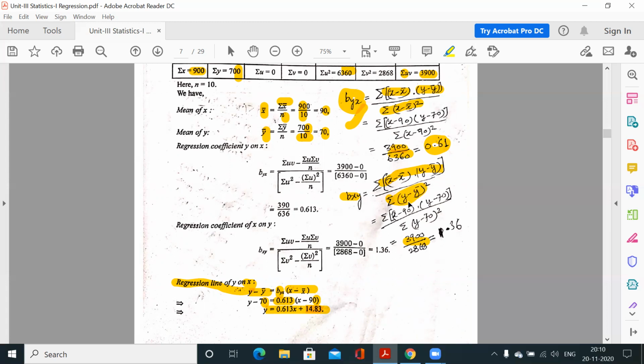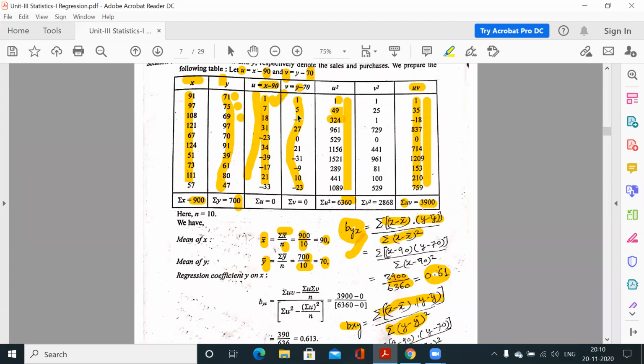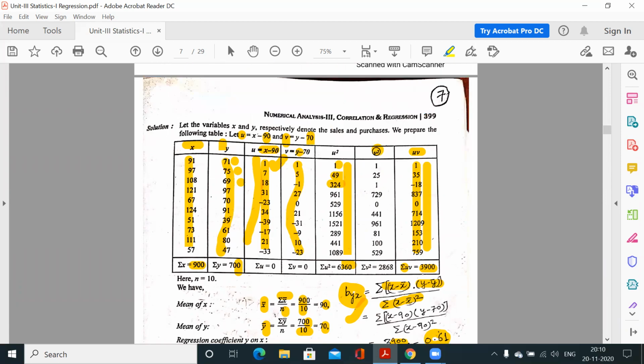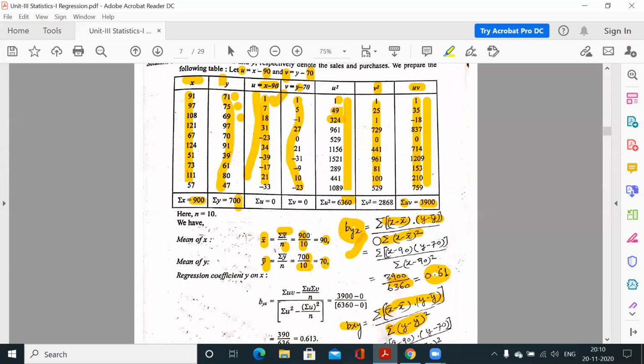Now we have to find the y minus y bar column. This column we already have. Now we have to square these values and take the sum. So this is that difference, y minus 70 whole square: 1 square, 5 square, minus 1 square, 27 square. These squares are here, and adding all these squares, we are getting 2868.